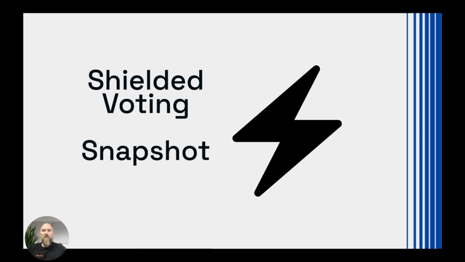Basically, anytime someone casts their vote, we immediately encrypt it so no one can see how they voted. And then after the voting period has ended, we decrypt all the votes at the same time and reveal the results. This means that everyone has the same information while voting.